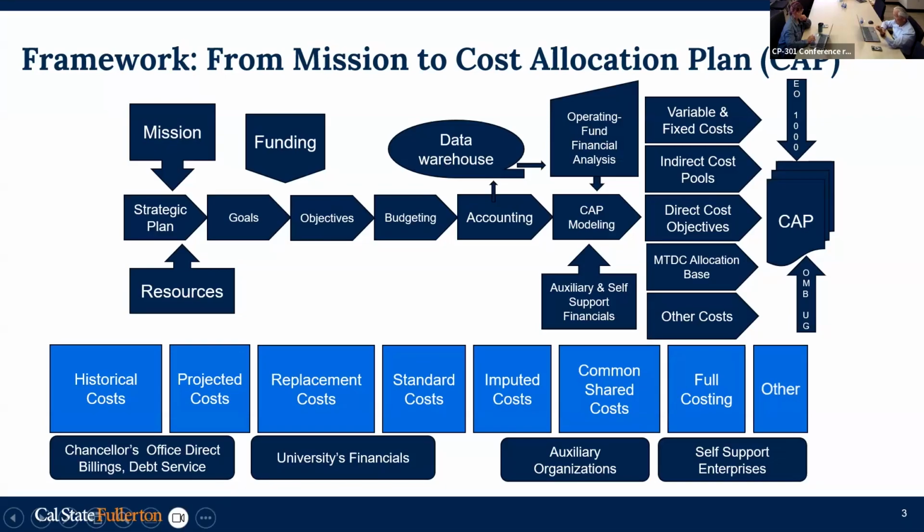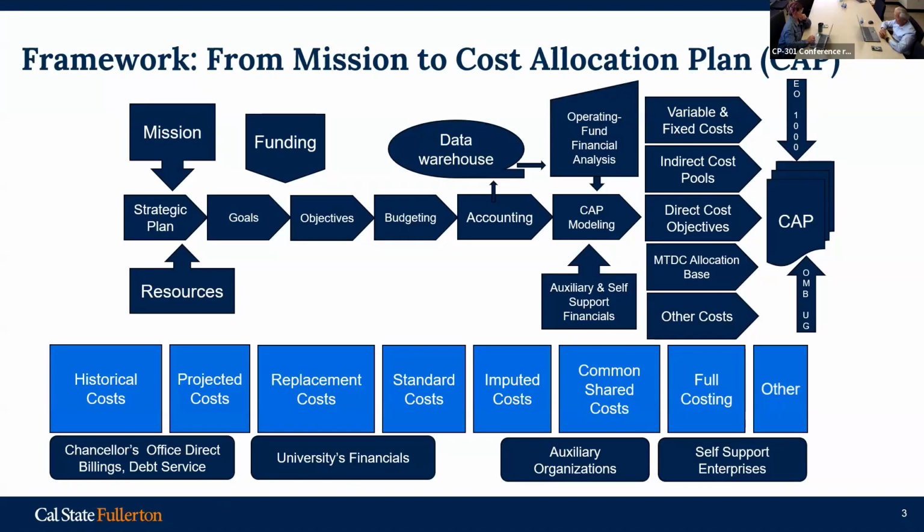But in terms of developing your strategic plan, you already have that. And then it's how much money do we have? And that's where we have the funding process. And at this moment, we are confronted with some funding shortfalls. And so we have to deal with that reality when we develop our goals and objectives.